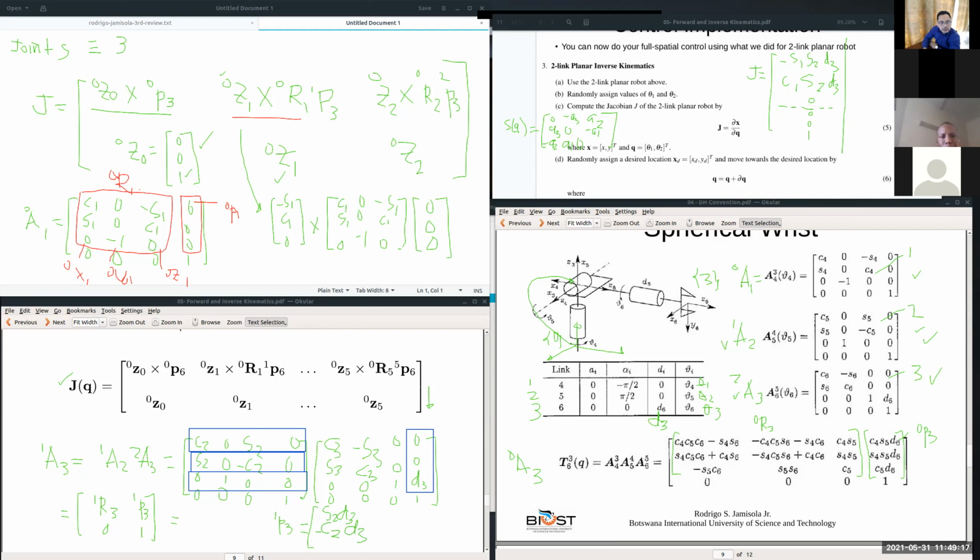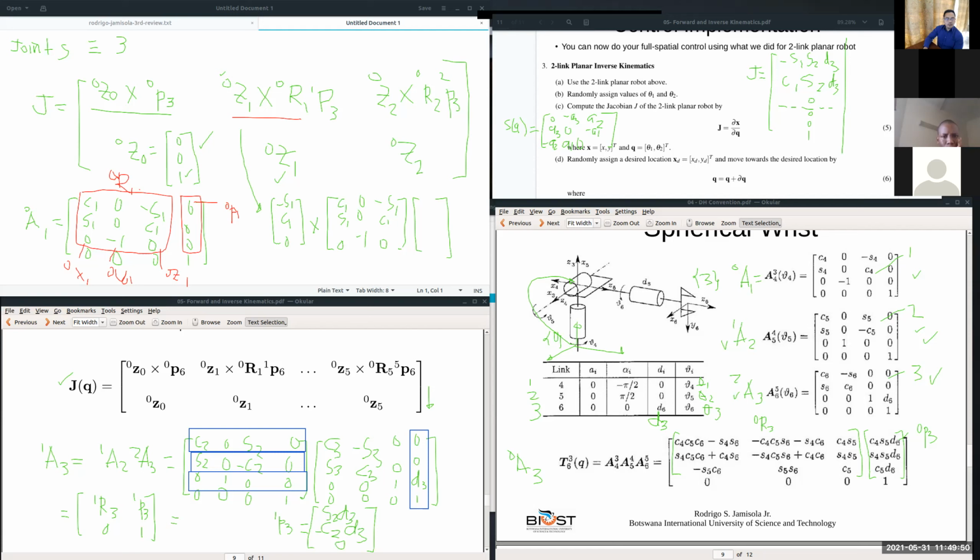So in this case, the computation there is 0. Do you agree? 1P3. So here, this is wrong.